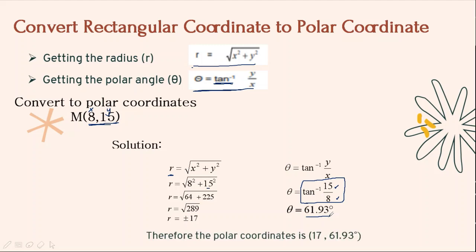So therefore, if our rectangular coordinate is (8, 15), then the polar coordinate of that is (17, 61.93 degrees). Again, 17 is our radius, and our polar angle or angle measure theta is 61.93 degrees.